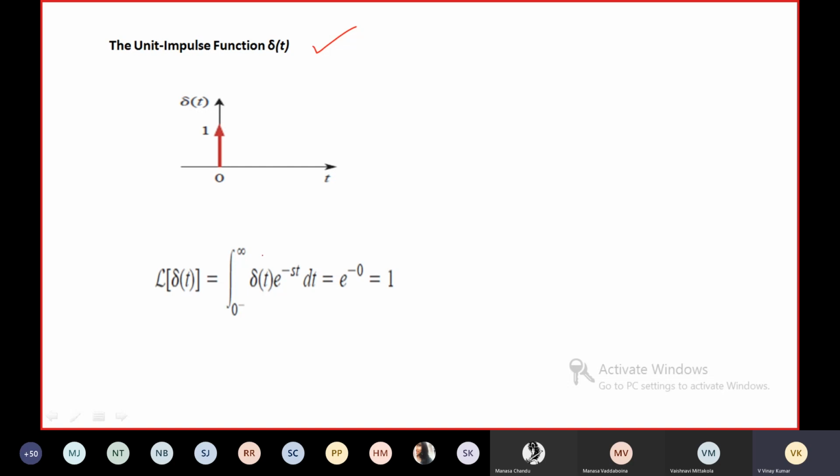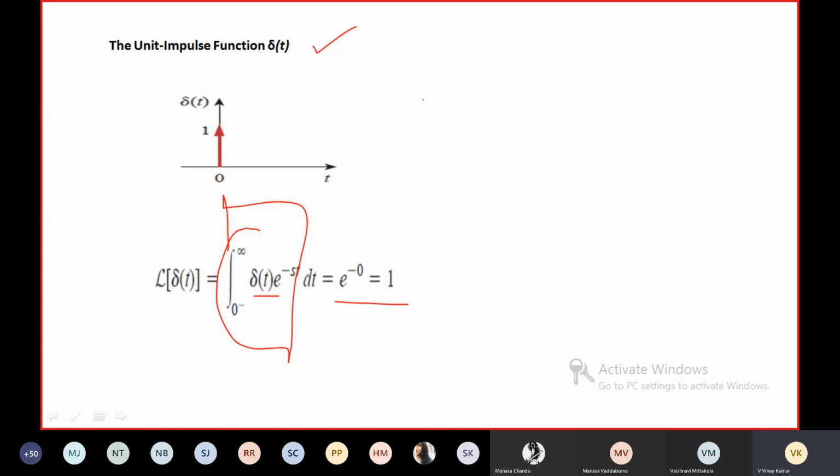In place of f of t, you write del of t. Anyhow, the area of this is equal to 1, and it is defined at t equal to 0, right? So you put t equal to 0, then you are going to get 1. So Laplace of del of t is equal to 1.